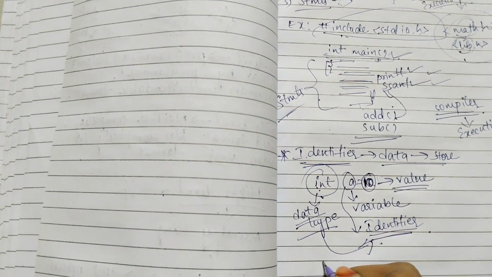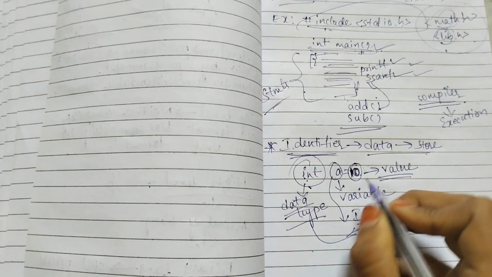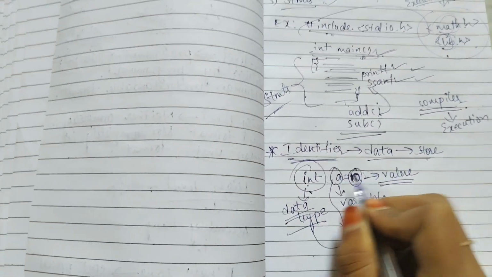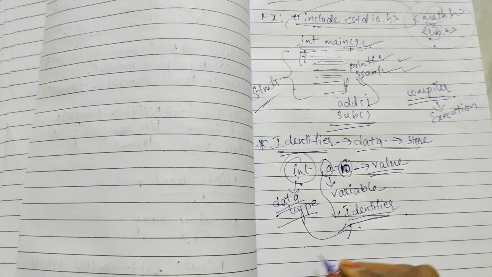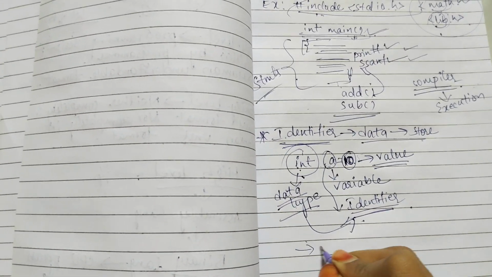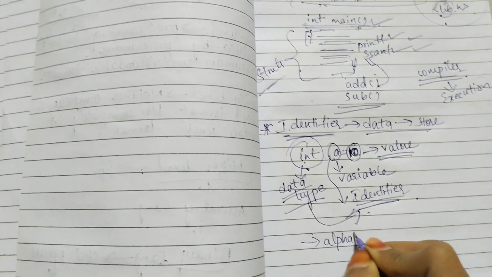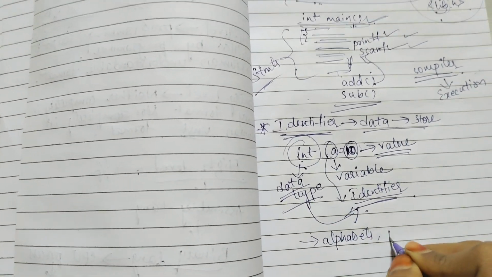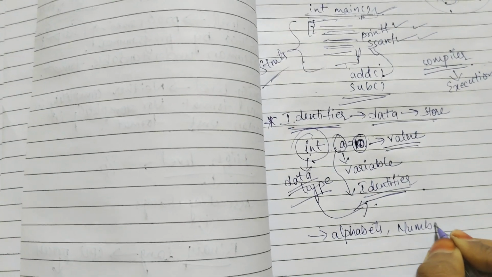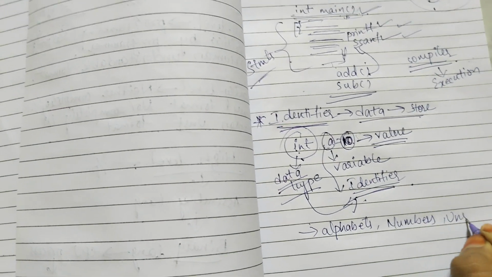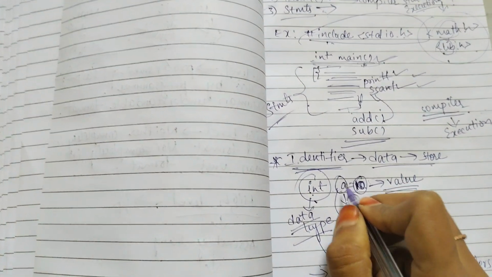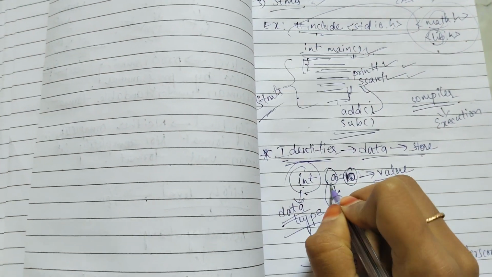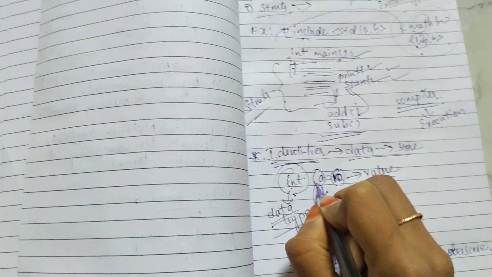And the second rule is we can use alphabets, that might be A, B, C, D, any alphabet, and numbers, and underscores also. I'll tell you how to use that. I'll give you an example for each. Here the first character should be an alphabet only and it should not be a keyword.